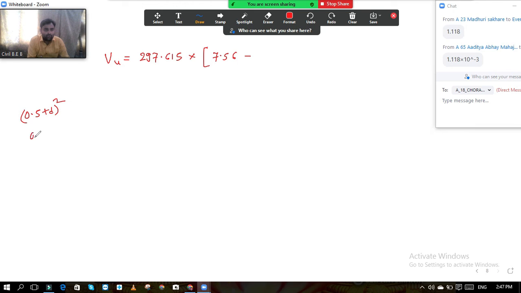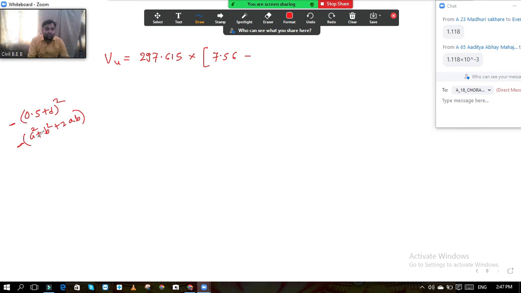You need to solve it by a plus b bracket square, which is a square plus b square plus 2ab. If the minus sign is there over here, then all these terms will be in a bracket, and outside the bracket the minus sign will be there.